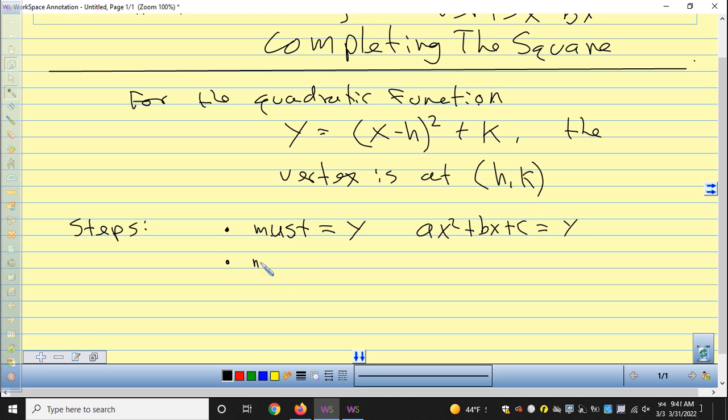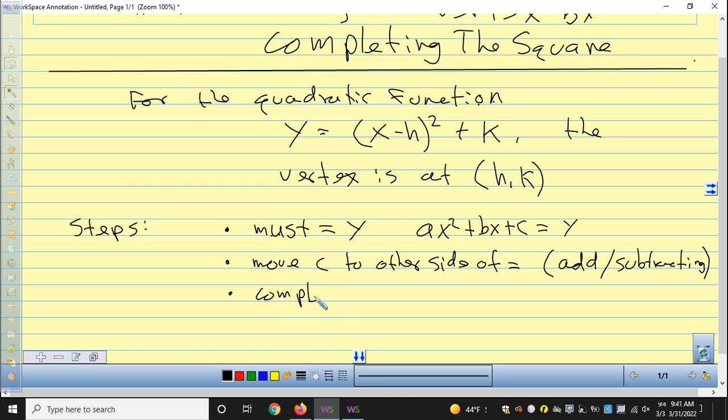Next step. Move c to the other side of the equal sign. It's exactly what we did yesterday, and we do that by adding or subtracting. We complete the square.